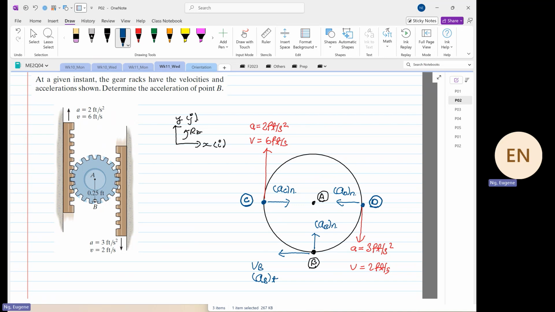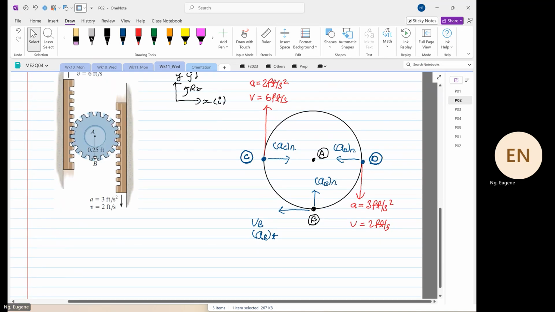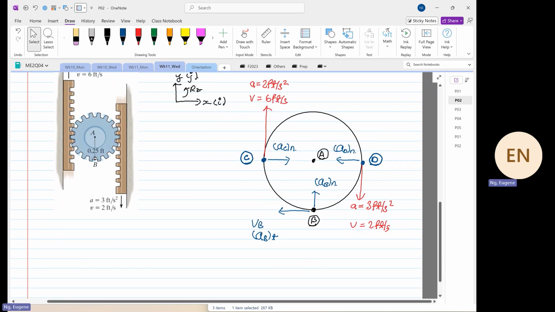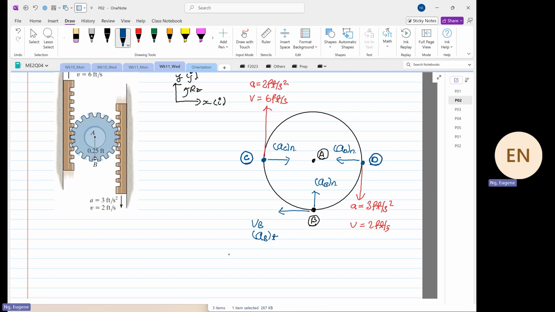So now we are going to assume. Before I assume, omega A, or omega, direction is assumed to be going in a clockwise direction.